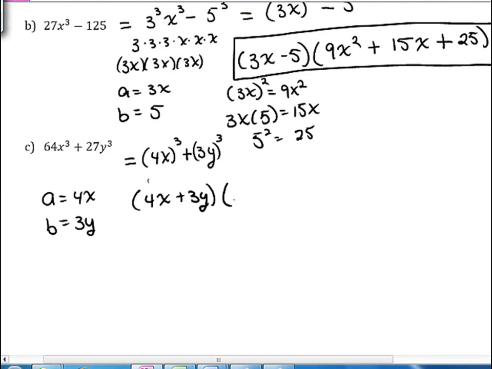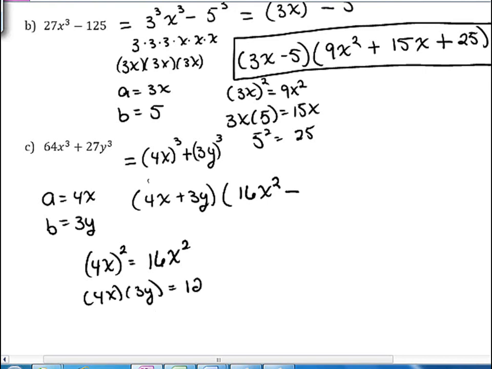In the second set of parentheses, remember we want to square the a, that's our first thing. And so we're going to take this 4x and square it. And that gives me 16x squared. And then we have to change our signs. We're going to change that to a minus sign. And then we're going to take our a and multiply it by our b. And that's going to give me 12xy.